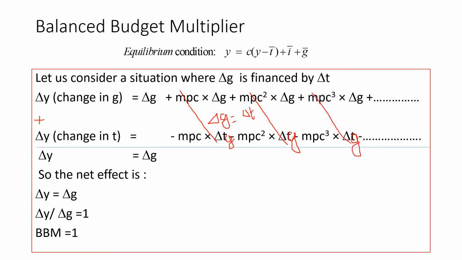Because there is a positive sign MPC delta G here, you have a negative sign minus MPC delta G. Here MPC square delta G, here minus MPC square delta G. Here MPC cube delta G, here minus MPC cube delta G.